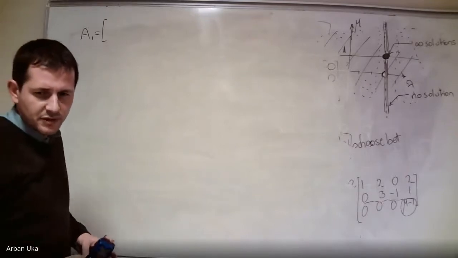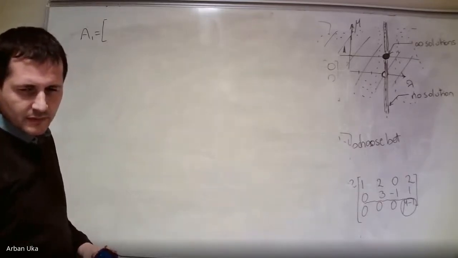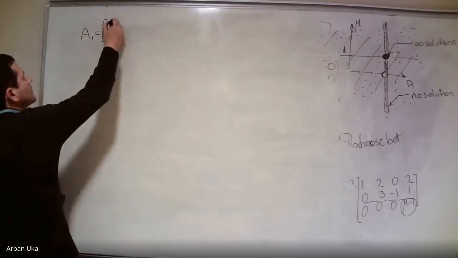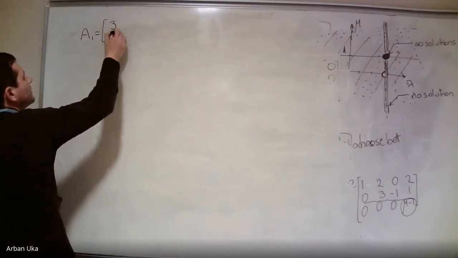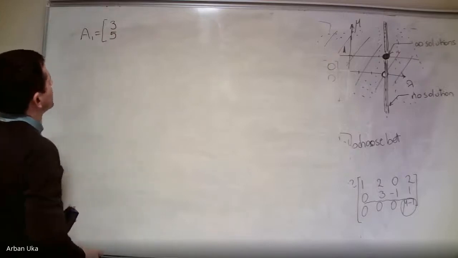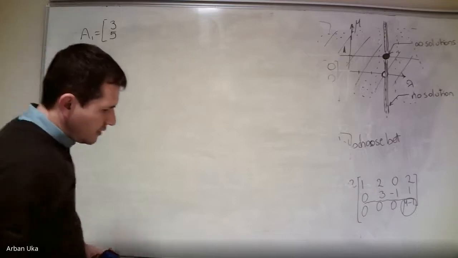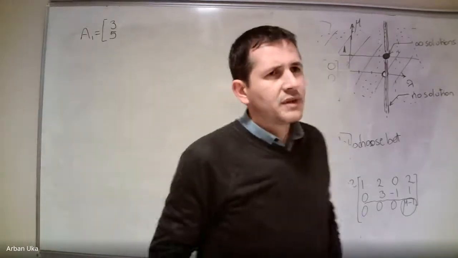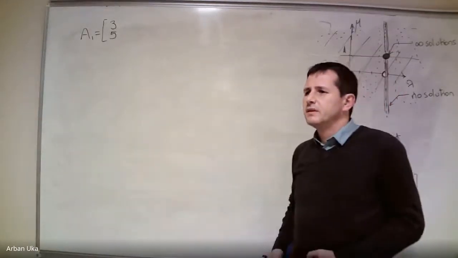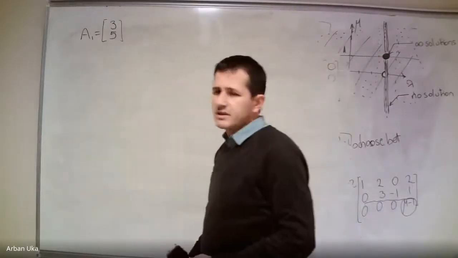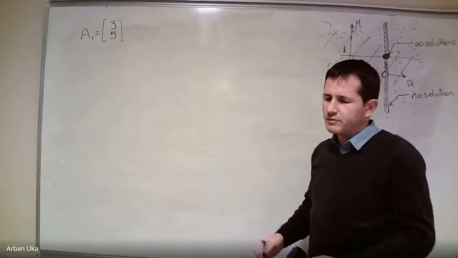Someone, give me a couple of numbers. So if we put here 3, 5, let this A1 be like this, okay? Let this be a vector, a column.